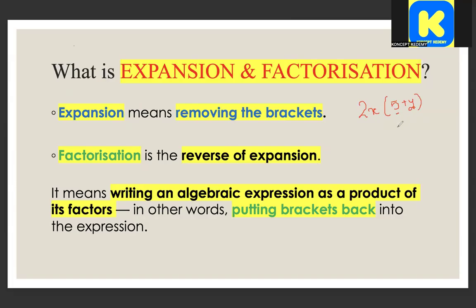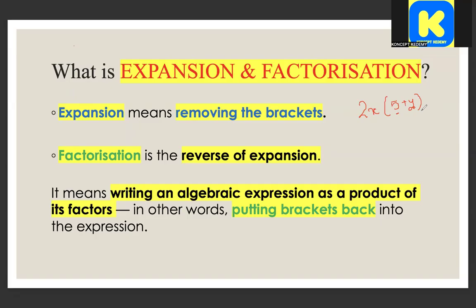Expansion is the process to remove this bracket. There are some specific methods or laws by which we can remove the brackets, which is called expansion. And factorization is the reverse of expansion. That means if in expansion we are removing the brackets, in factorization we are going to add the brackets.